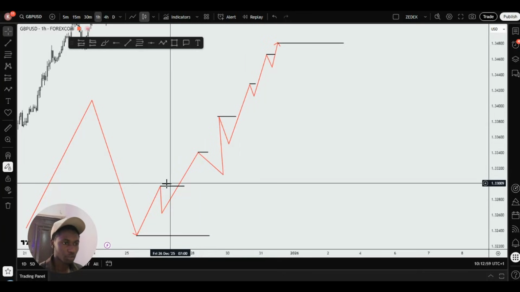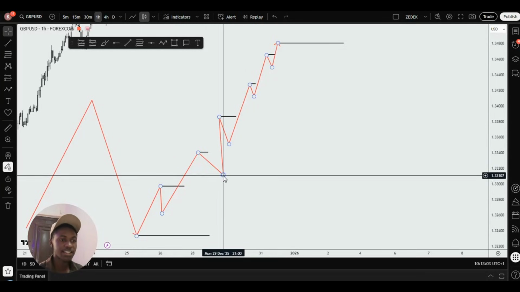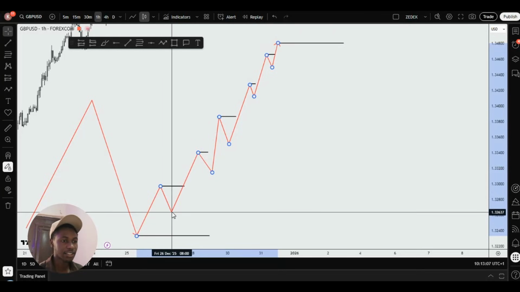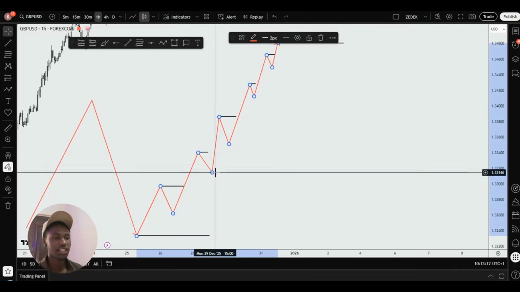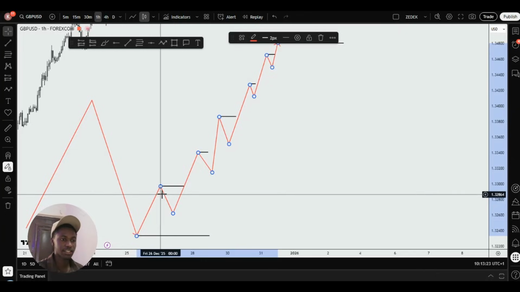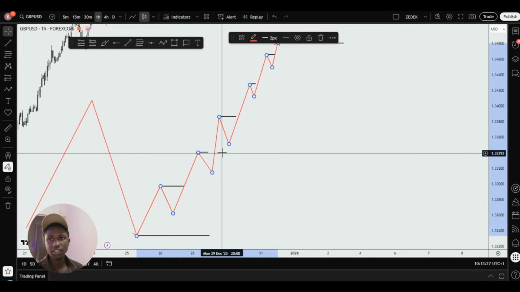But if you look at the flow, you can see that the pullback has the same length. You're looking for it to be not exactly, but very close, so that it is very easy for you to identify. Take note of this as well: if you find it hard to identify whether the next structure balances the previous one, just avoid it, because it is something you can easily spot anytime you come to the chart.